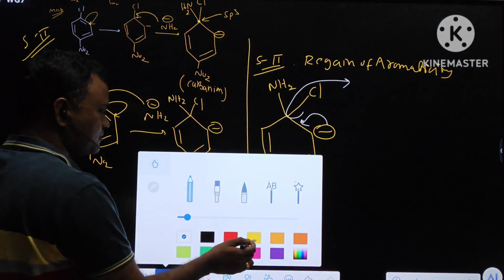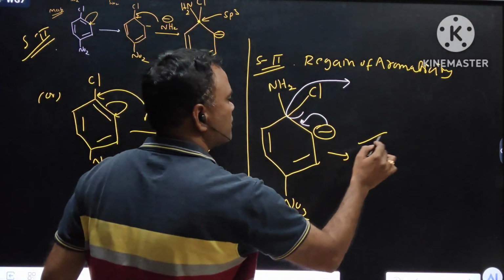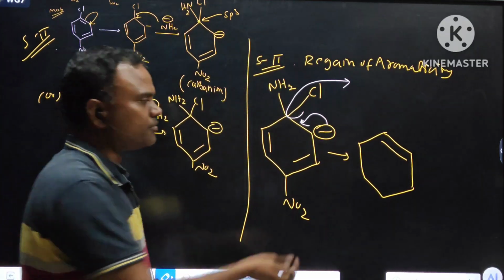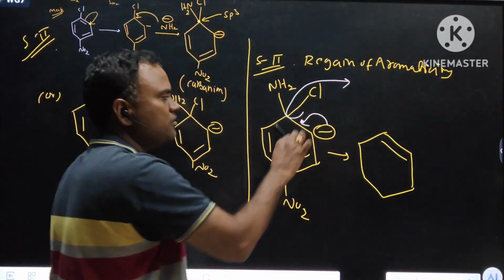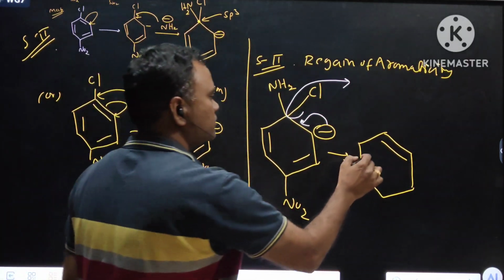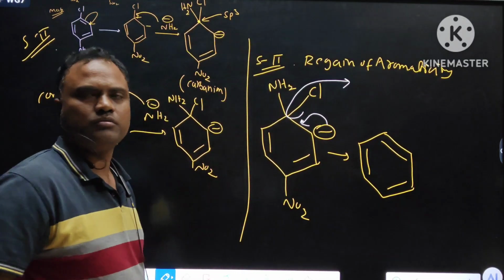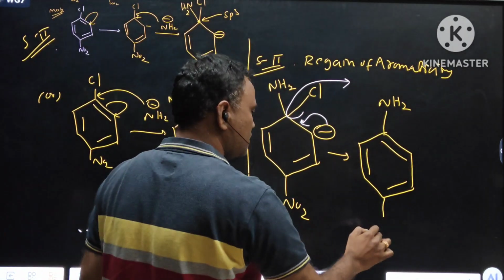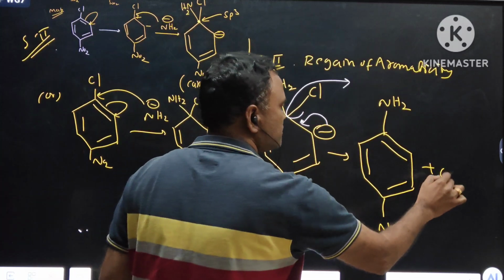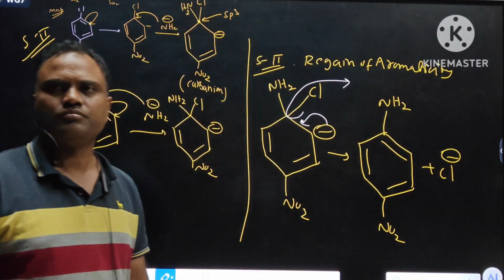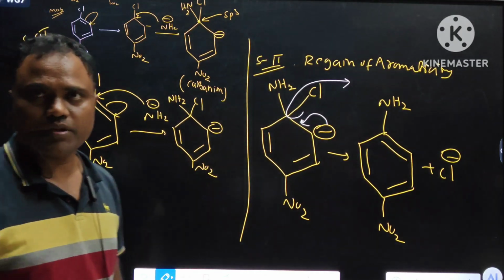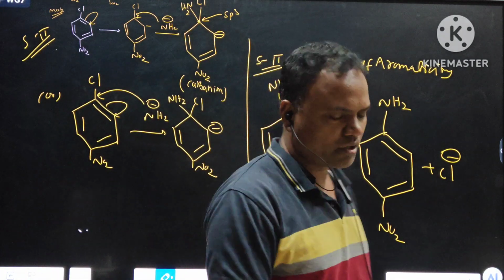This negative charge is shifting as a bond, and Cl is leaving. This is the aromatic nucleophilic substitution reaction mechanism.